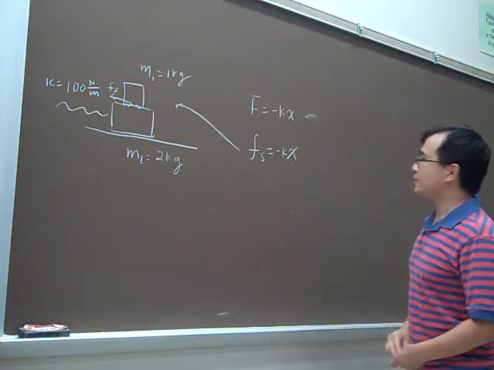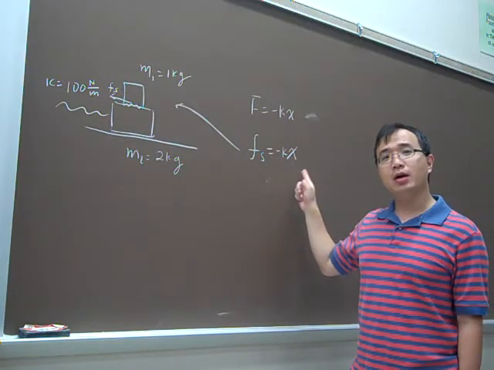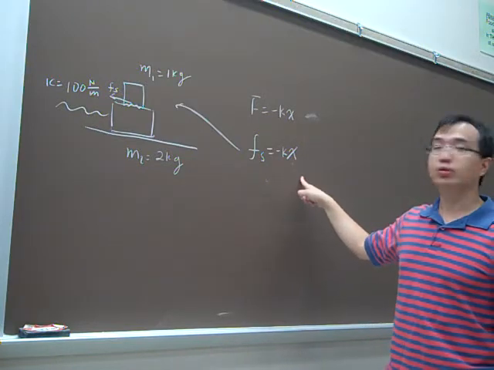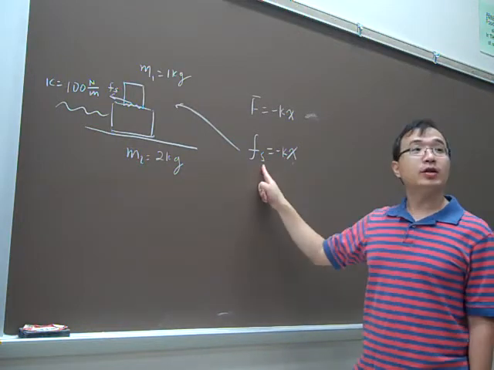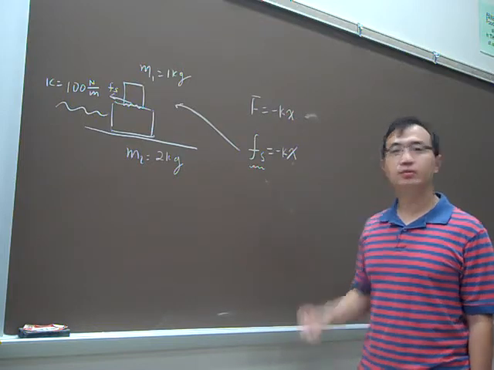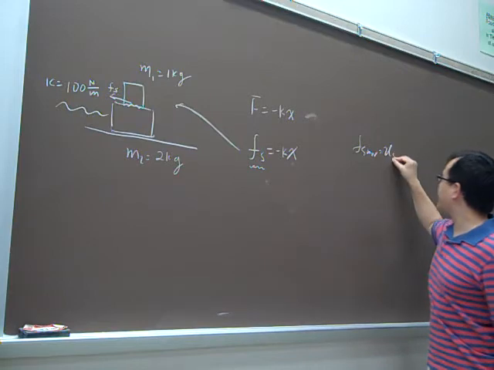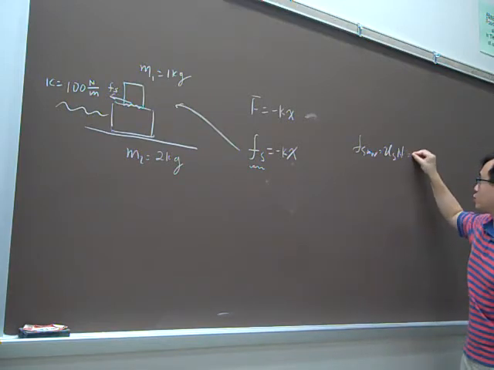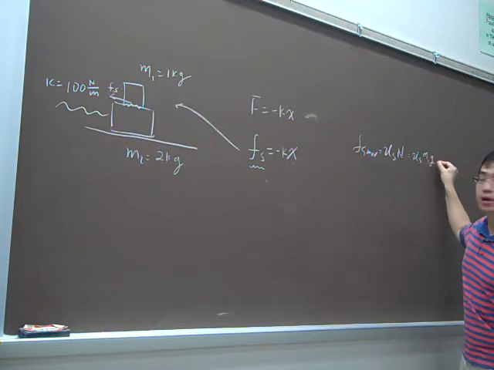Okay. But then there is a question. We want to find the maximum amplitude it can sustain. The reason is that this one has a maximum value: F_s max equals mu_s N, in this case equals mu_s m1 g, right?